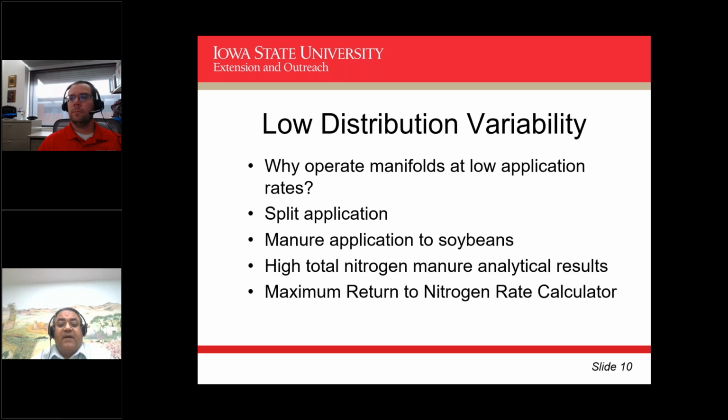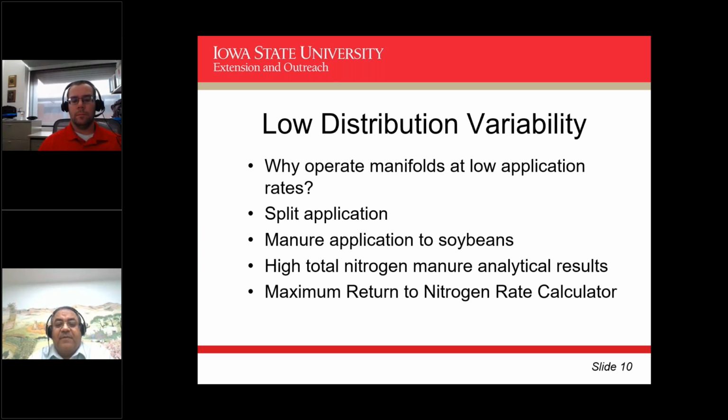The other problem that has started to show up in recent years is that our application rates may be getting low as well. Why are we having low application rates, or why are we operating our manifolds in this domain?